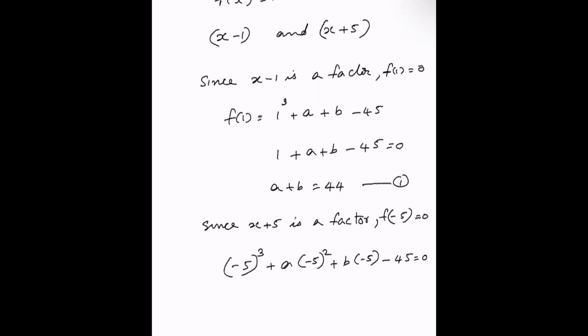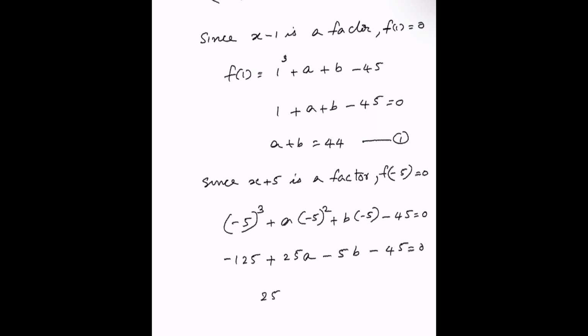This gives me minus 125 plus 25a minus 5b minus 45 is equal to 0. Now 25a minus 5b is equal to, now what is 125 plus 45? 170. Now 5 is common in all the terms, so I'm going to divide it by 5 so that I'll get a simple equation. 5a minus b is equal to 34 is my second equation.